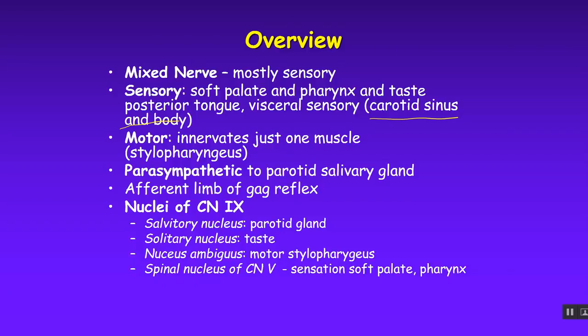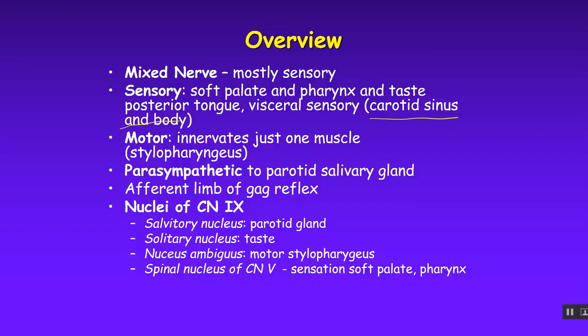It has a parasympathetic component, okay? The autonomic efferent parasympathetic component is to the parotid salivary gland, so it helps with salivation. It is considered the afferent part of our gag reflex. That's that sensation of the soft palate.